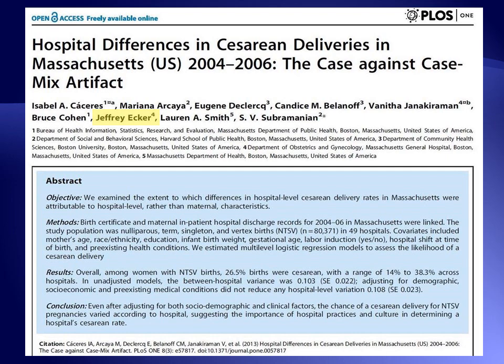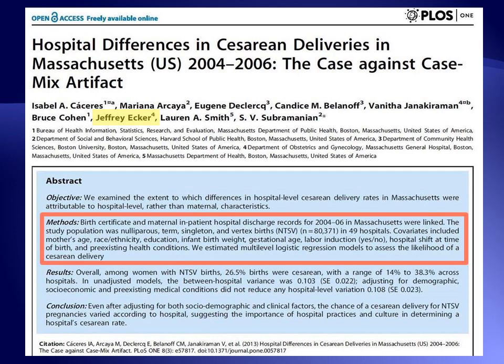Keep in mind that this is the only published study submitted by Dr. Main, the Leapfrog Group, the Joint Commission, and the National Quality Forum in support of Dr. Main's incredible discovery. If we look at the covariates listed in the methods section of this study, does anyone see maternal BMI?